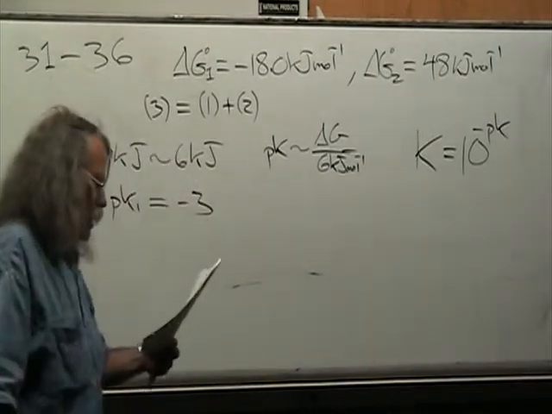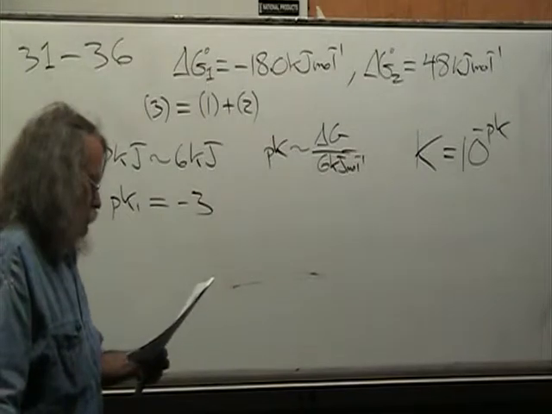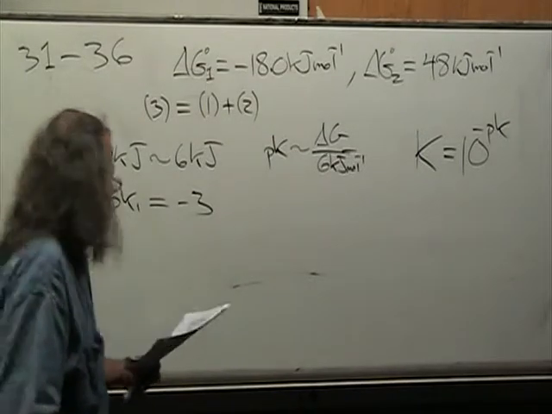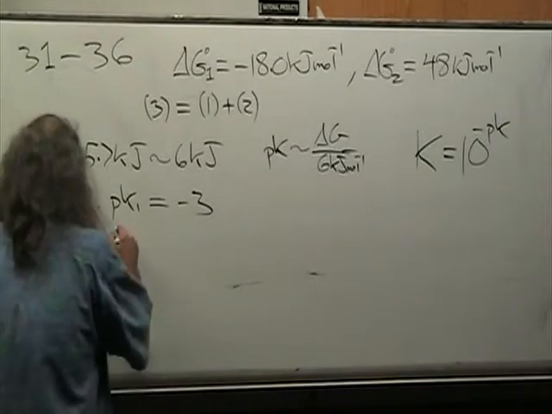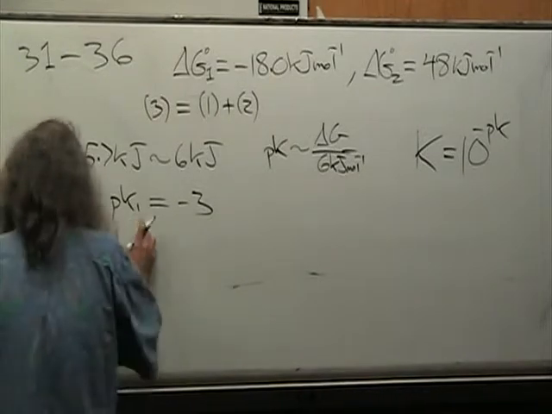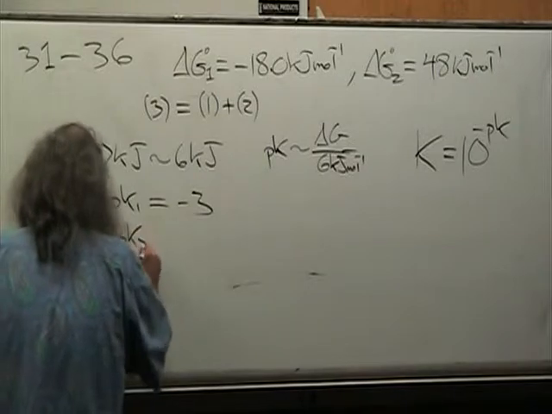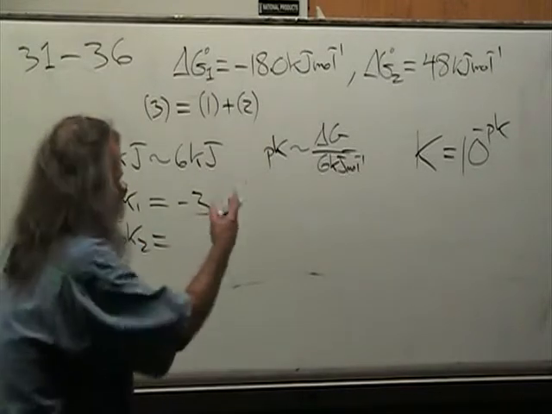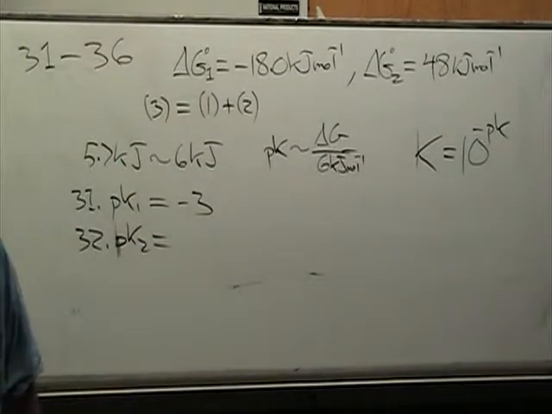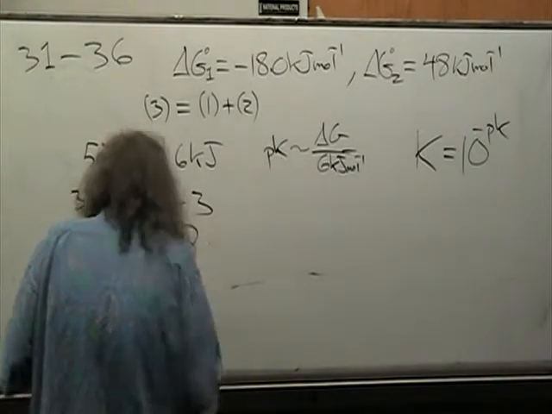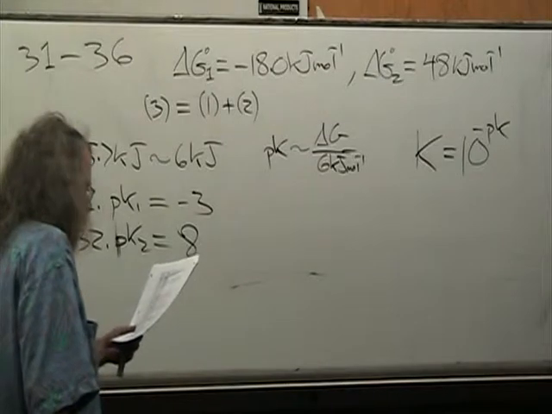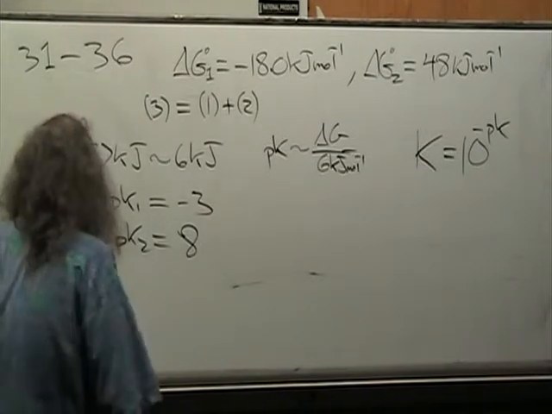Which is option D. And now 32, what's 32? pK2 is equal to what? 48 divided by 6 is 8. Which is option A.